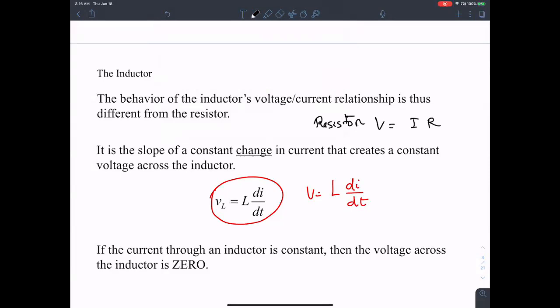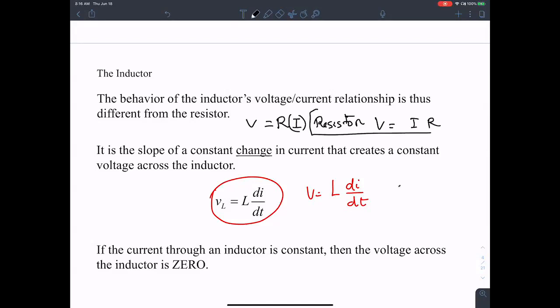The voltage is proportional to the current. The voltage that is set up across the terminals of a resistance is proportional to the current that's flowing through it. The constant of proportionality here is R, then V is IR. That's the idea of a resistance.